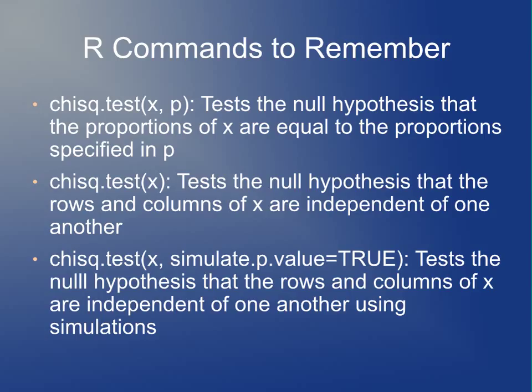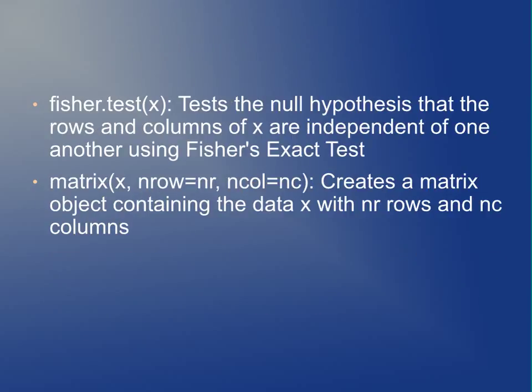If you add simulate.p.value equals TRUE, then it'll calculate a simulated p-value, which can produce better results when the expected counts are small. Fisher.test will do Fisher's exact test, and has exactly the same syntax as chi-square.test. And if you say matrix(x, nrow = nr, ncol = nc), that'll create a matrix containing the data x with the specified number of rows and columns.